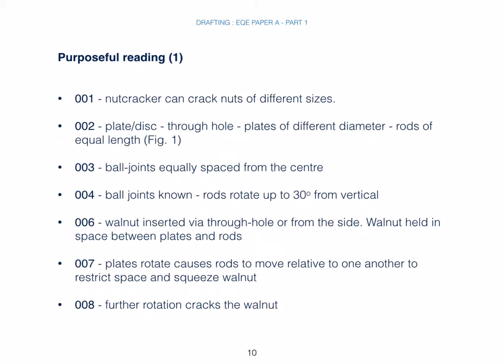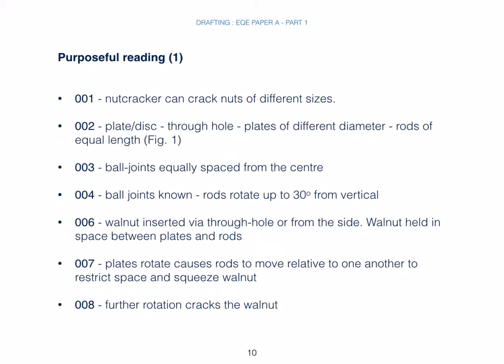Paragraph 7 of the client's description then says, secondly, holding the plate 1 in one hand and the plate 2 in the other hand, I rotate the plate 1 arrow A relative to the plate 2 arrow B. This causes the rods 3, 4, and 5 to move relative to each other so that the space between the plates 1, 2 and the rods is restricted and the walnut is squeezed by the rods.